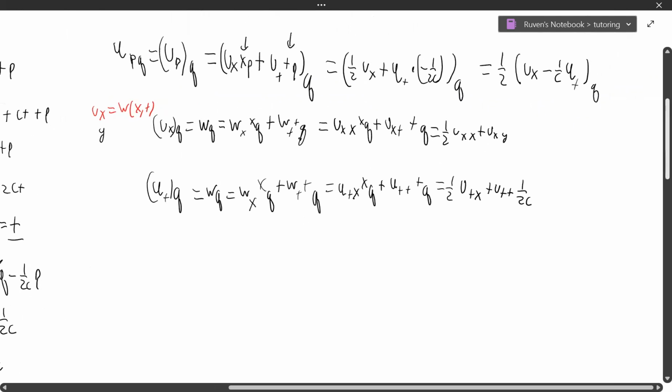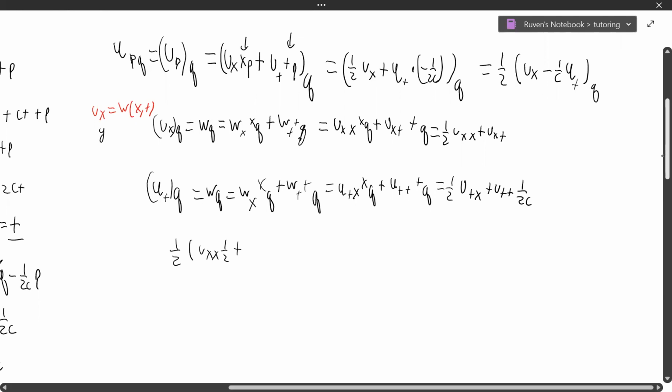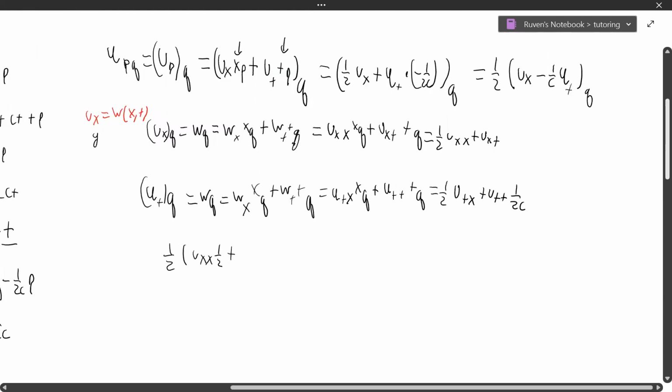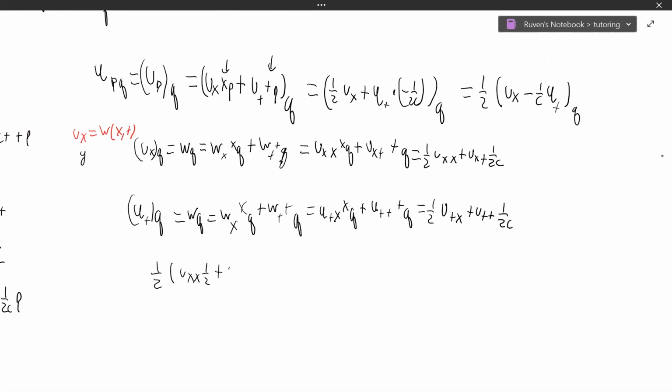So now let's try to plug everything back in. We're going to get 1/2 of, so ux is over here, so it's 1/2 of uxx plus uxt, and I think I forgot to finish writing here, uxt tq is 1/2c, so plus uxt times 1/2c.